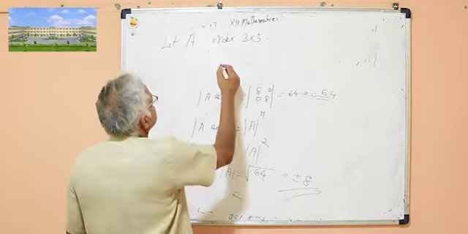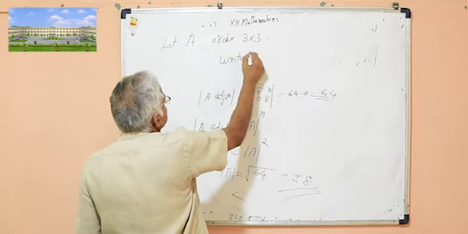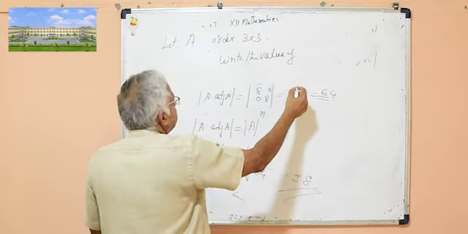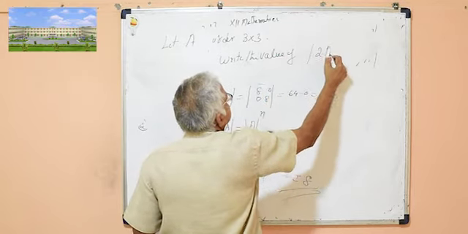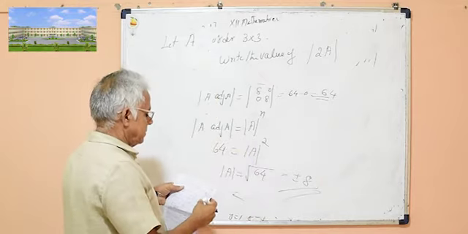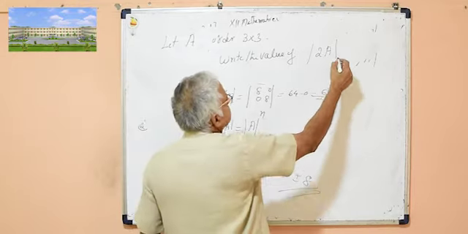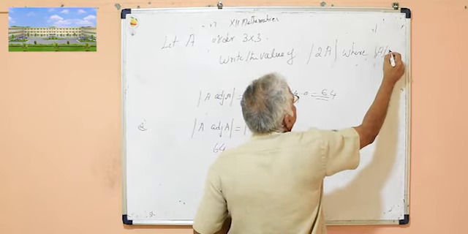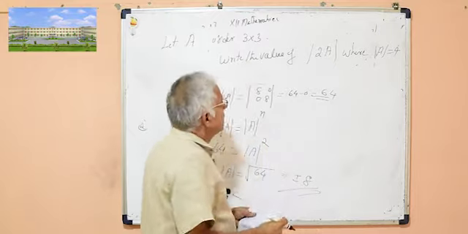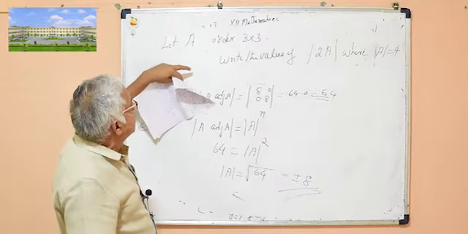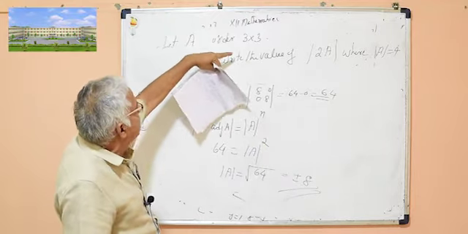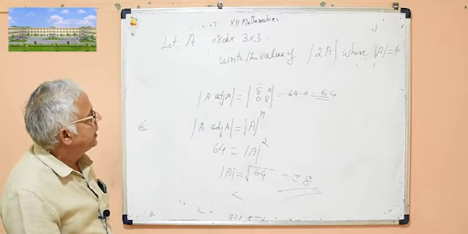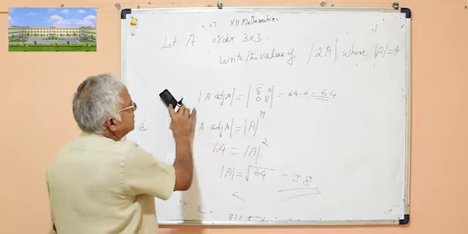Write the value of determinant of 2A, where determinant of A is equal to 4. So given A is a square matrix of order 3 by 3, that means n is equal to 3, and determinant of A is equal to 4.